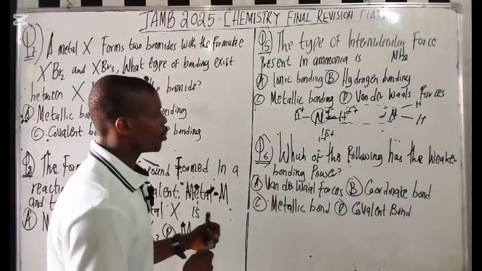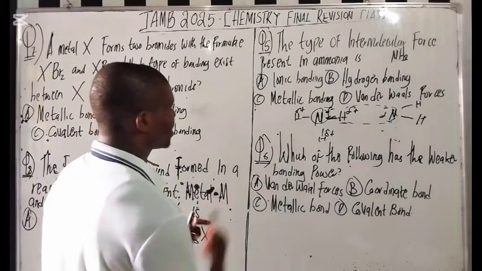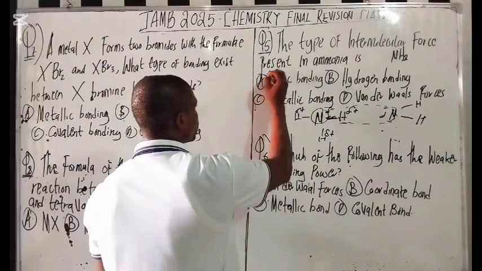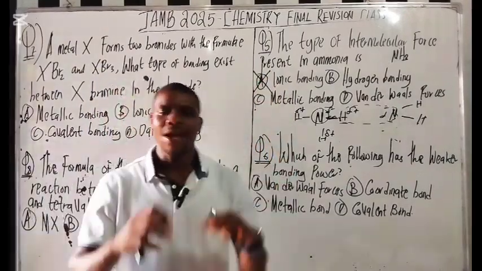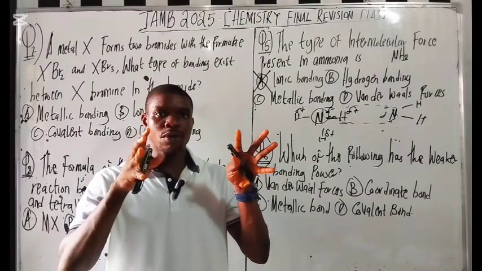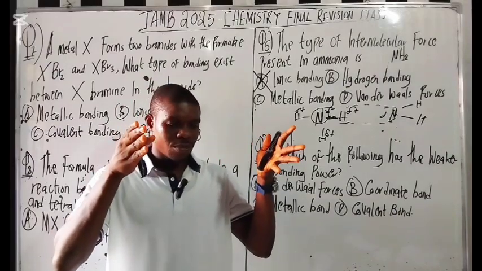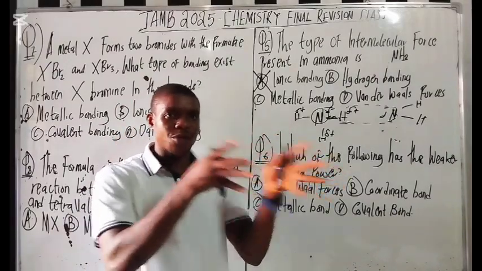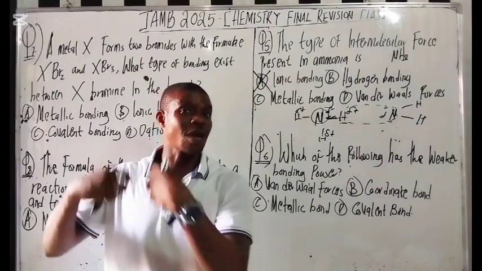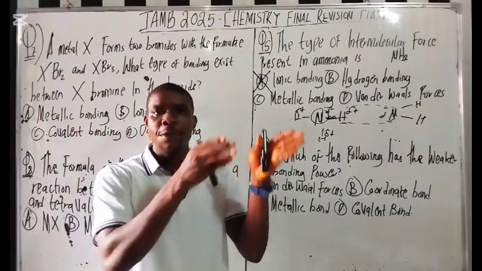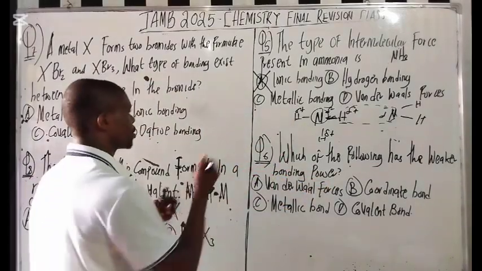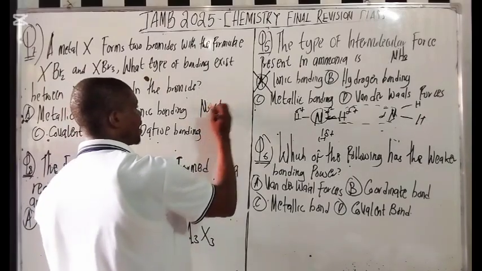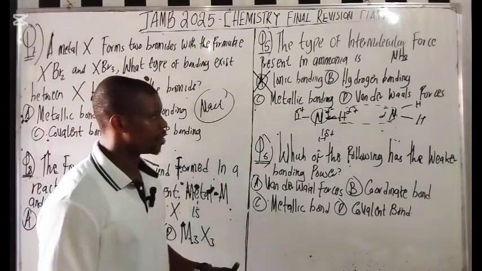Now if you look at the options, please pay attention. Ionic bonding is not the option. Why? Ionic bonding is formed between metal and non-metal, right? A good example is NaCl, which is an ionic bond here.